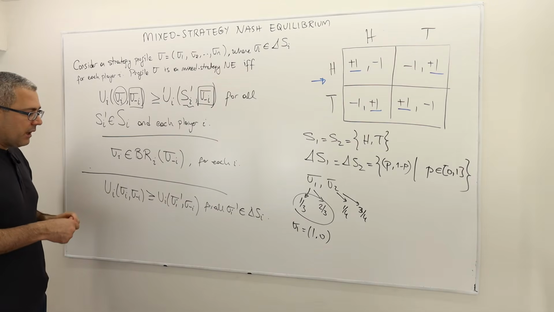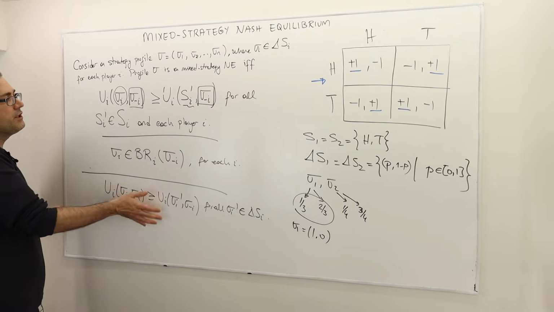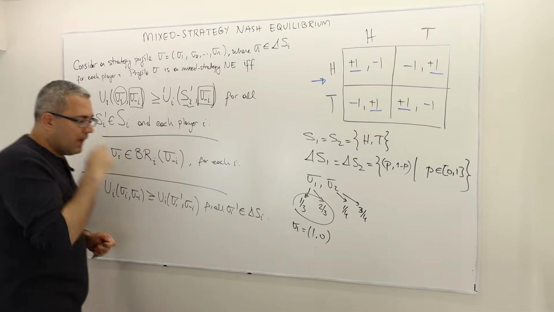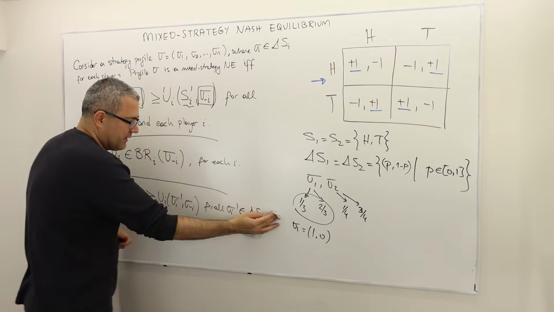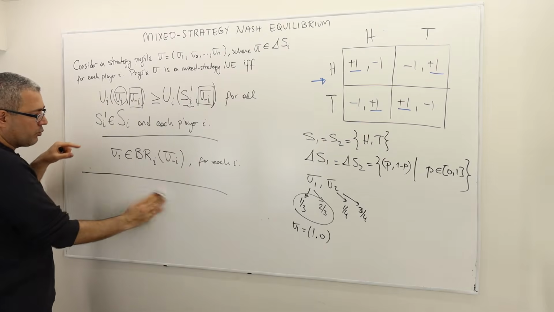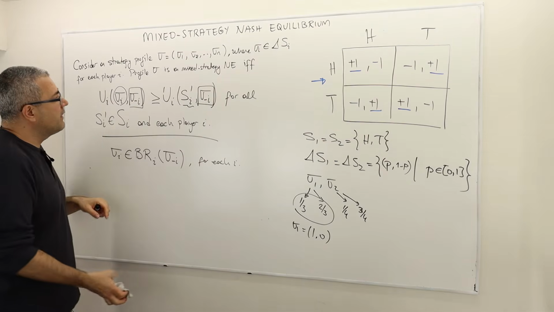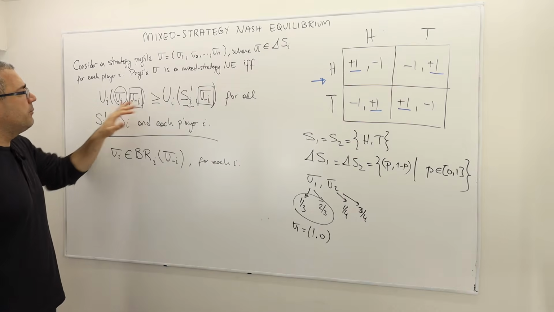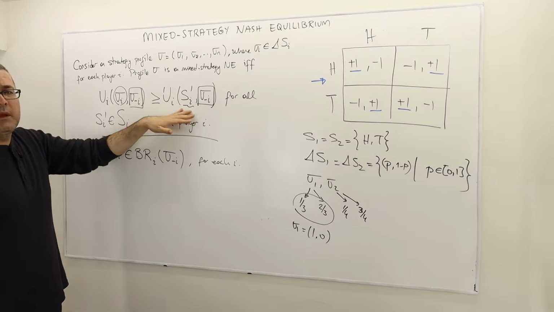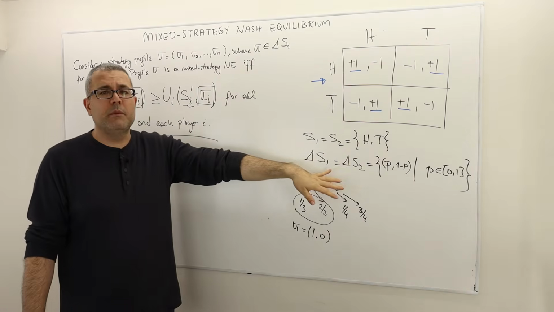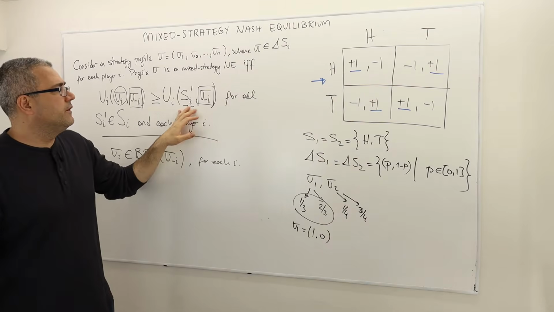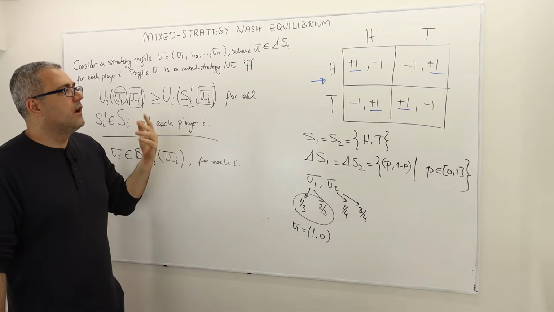Some textbooks use this notation, some use that one. I think this one is easier to work with. Why? Because you don't have to make this comparison infinitely many times, since there are infinitely many mixed strategies. All you have to do is make this comparison twice.